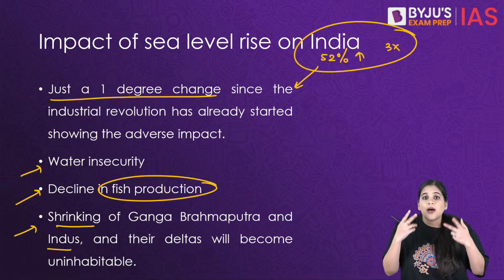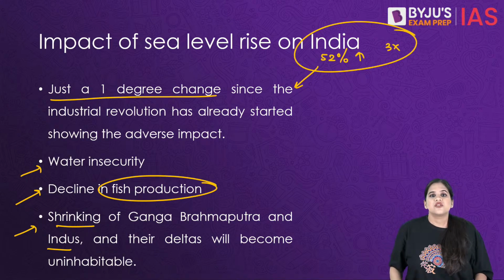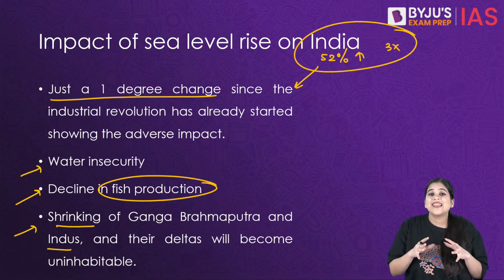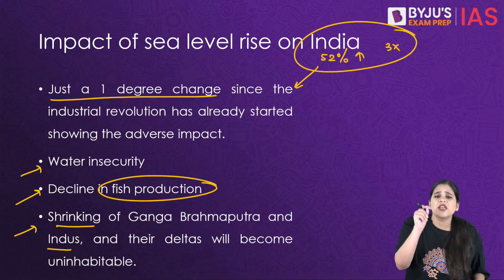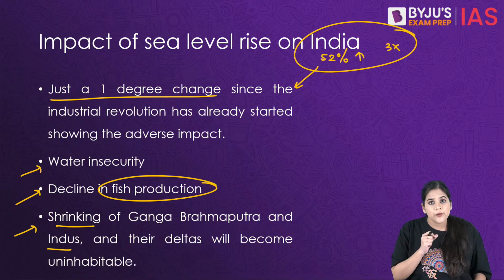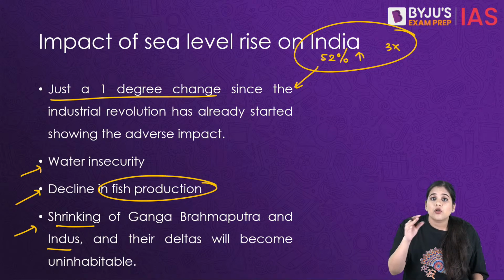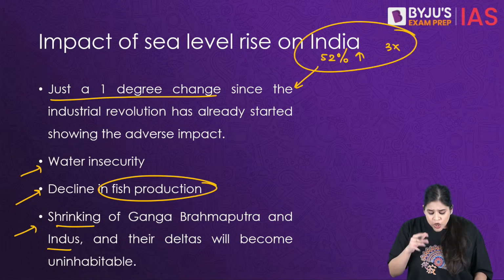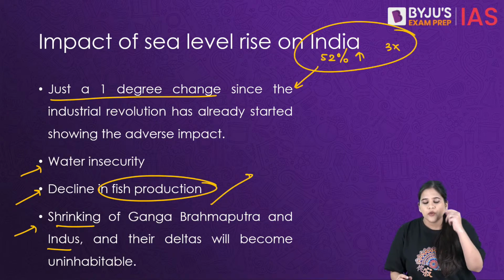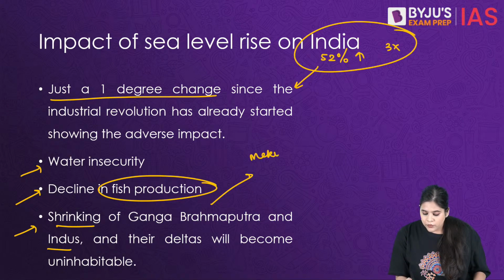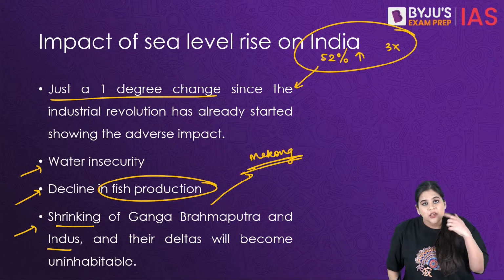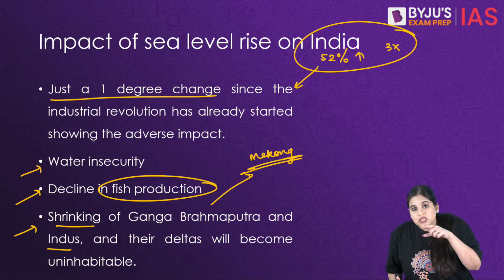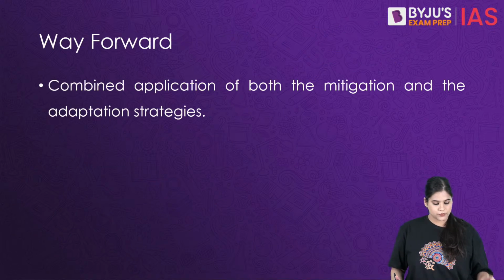So there will be a double impact on these regions, and you know that these regions are some of the most densely populated areas in the world, right? So there will be a high impact on the populations living over here. Not just these rivers, even the Mekong River, even the Mekong Delta will experience the same problems.